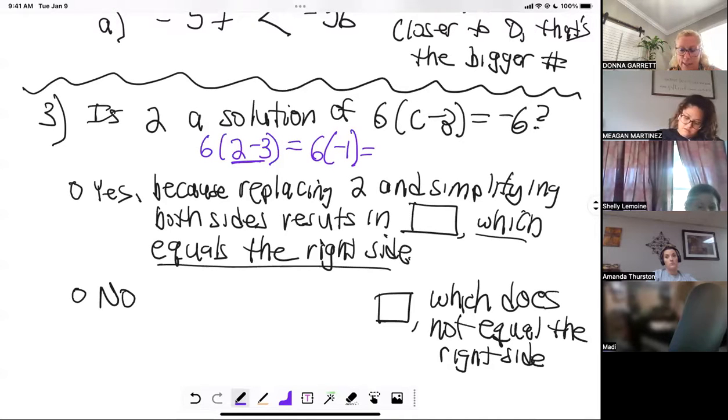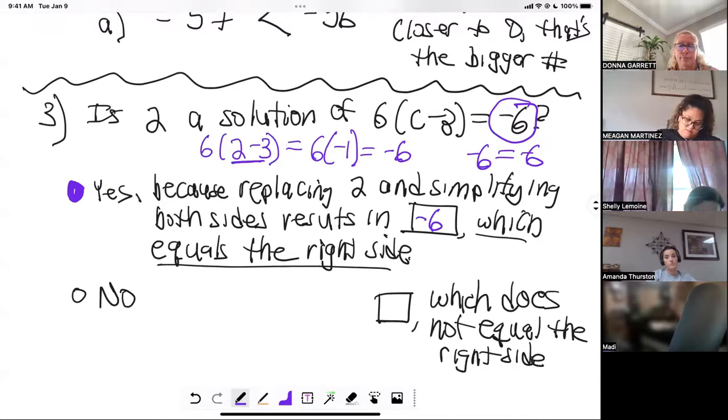And if I simplify that, I get negative 6. So it had to equal negative 6. Does negative 6 equal negative 6? Yes, right? So this one definitely is my answer, because replacing 2 and simplifying both sides results in negative 6, which equals the right side.